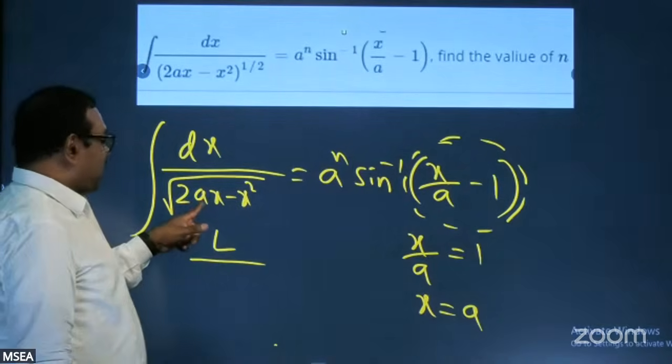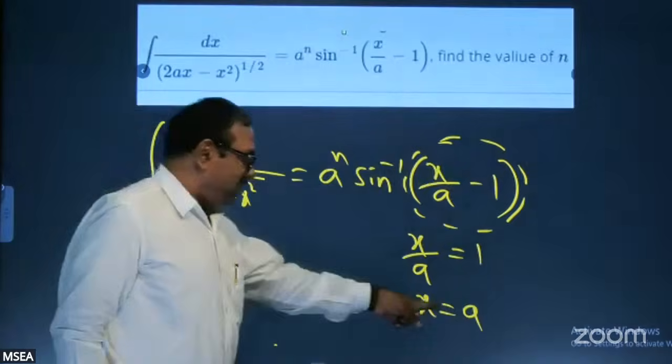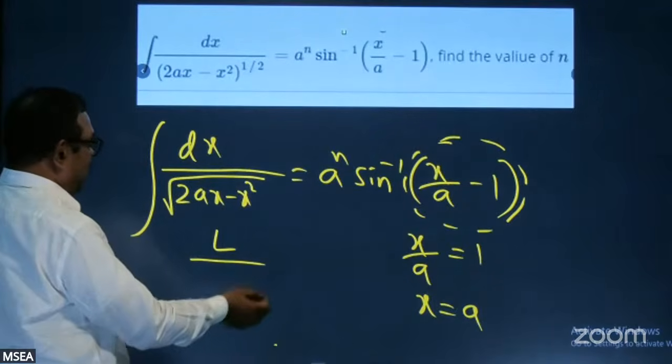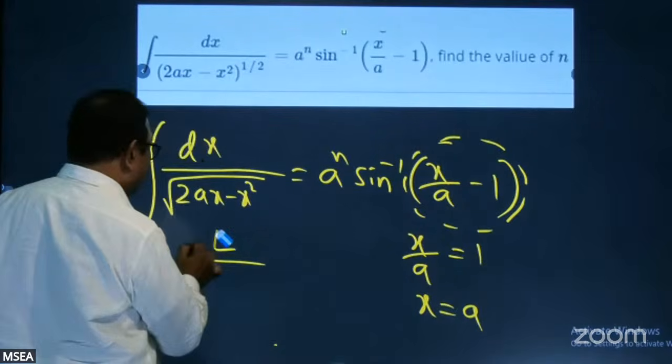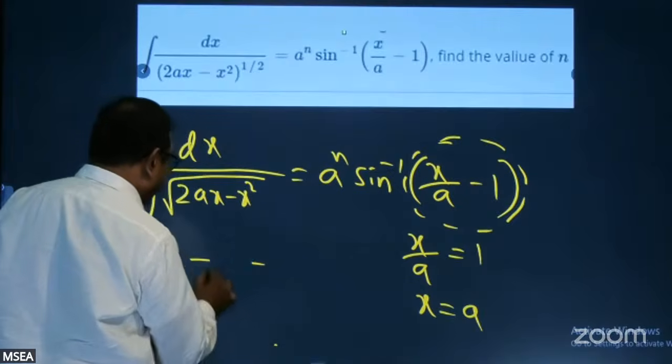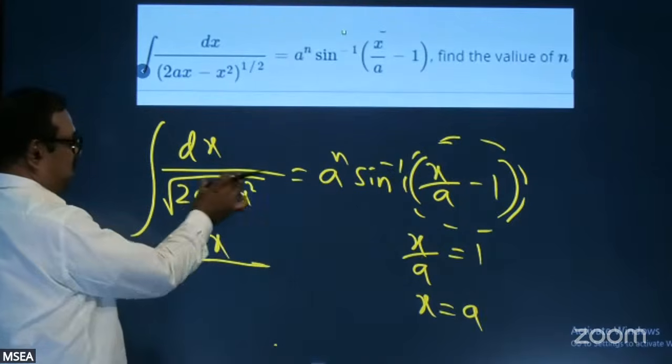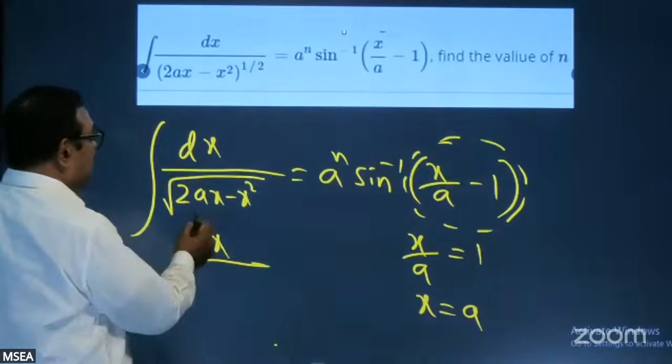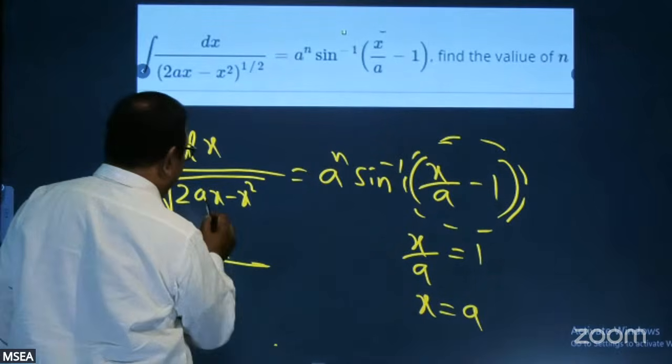Then we can take 2 as a number, and x and a are the same. Simply, dx is nothing but the difference, or L, so x is equal to a wherever a is there.